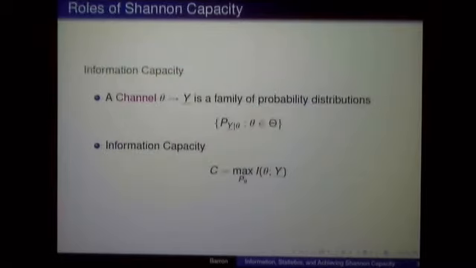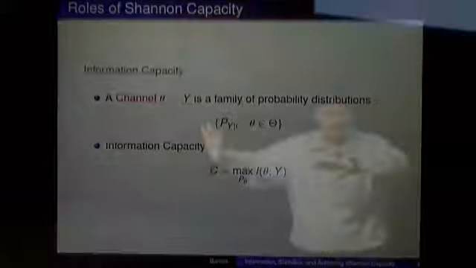So let's go to the characterization of minimax rates in statistical risk problems through Shannon capacity. Since Shannon capacity is so closely associated with the communication problem, for this act let's disassociate those quantities a bit.